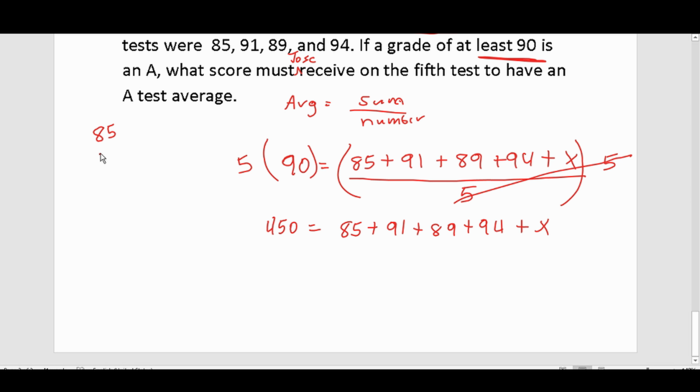So again, that's 85, 91, 89, and 94. Let's go ahead and add those up. And again, be very careful. This is a lot of addition that you can mess up. 9 plus 1 is 10. 5 plus 4 is 9. So I know this is 19. Carry the 1. We got 8 plus 9 and 8 plus 9.